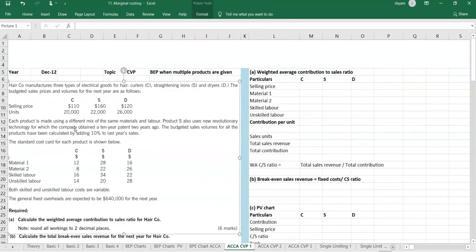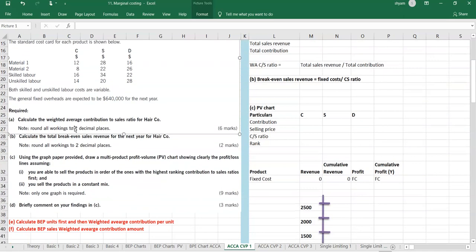So we'll start from here. The question asks these elements. So it is a lengthier problem. So it asks, calculate the weighted average contribution to sales ratio, calculate total break-even sales revenue for the next year, use the graph sheet provided, draw a multi-product PV chart showing the loss clearly.